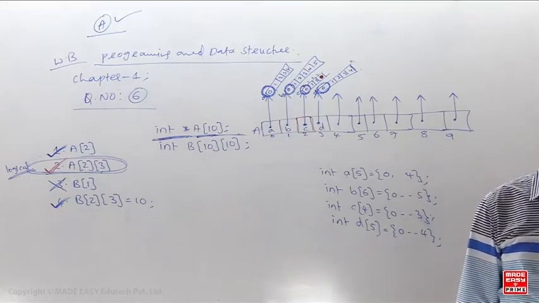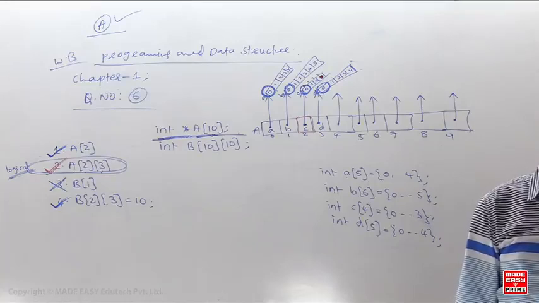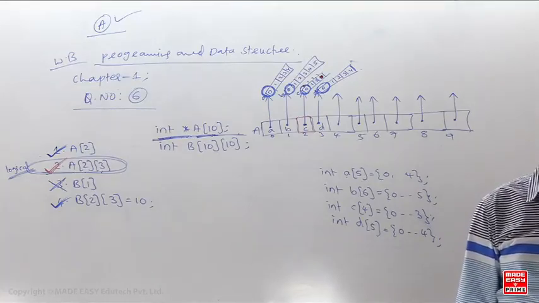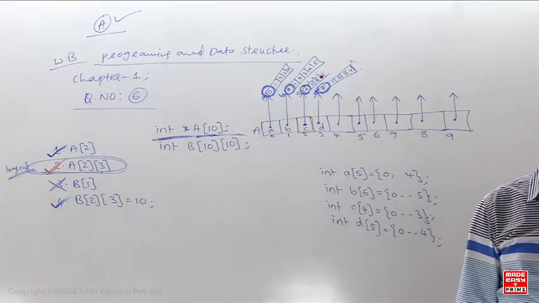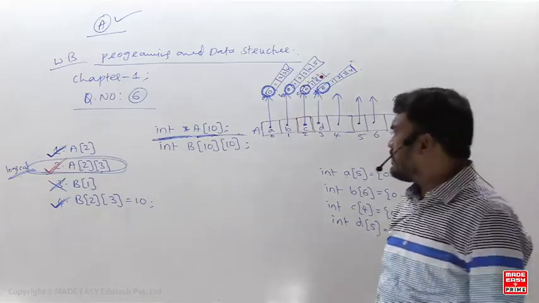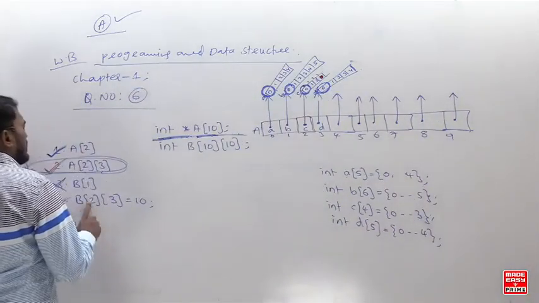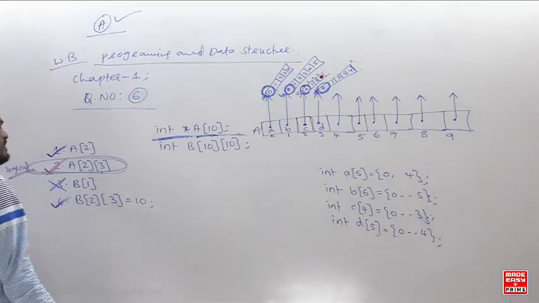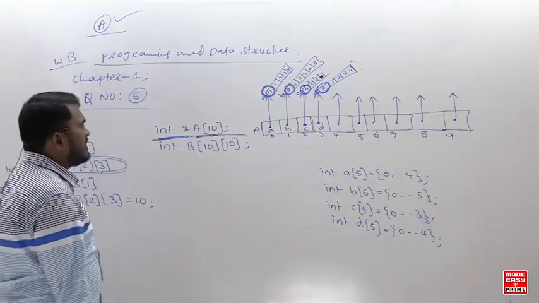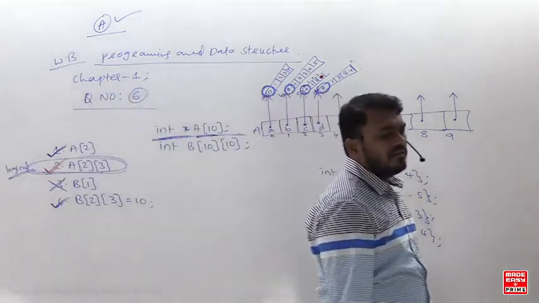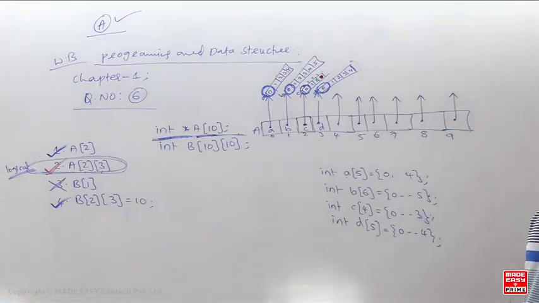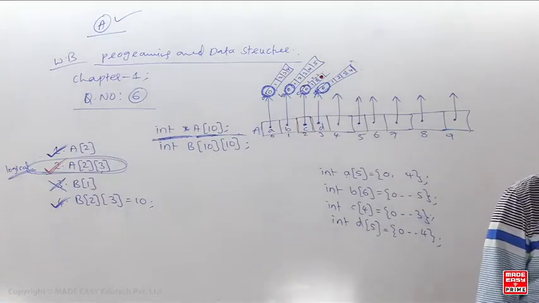Yeah, B of 10 is allowed very much. Why is it not allowed? B of 10 means simple: first row, 0th element. You studied that yesterday, in engineering only. Karam, you studied that in engineering. That is very much allowed.